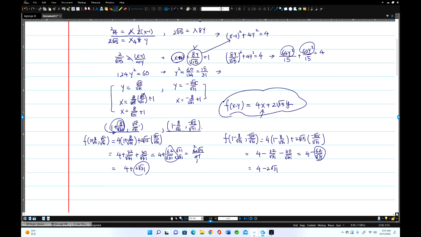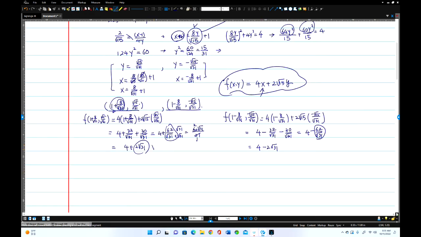Okay, so absolute maximum at this point, this is the minimum. Absolute maximum 4 plus 2 root 31 at the point 1 plus 8 over square root 31, and y was square root 15 over square root 31.